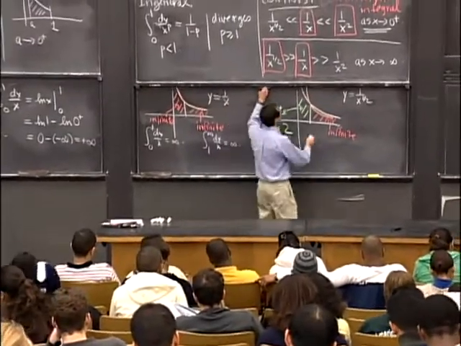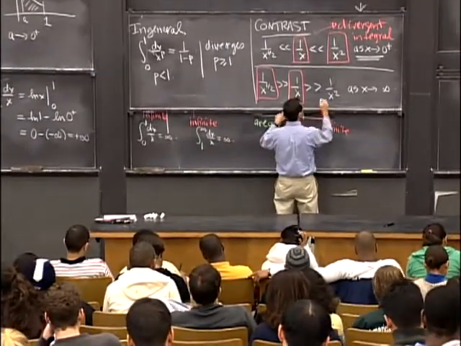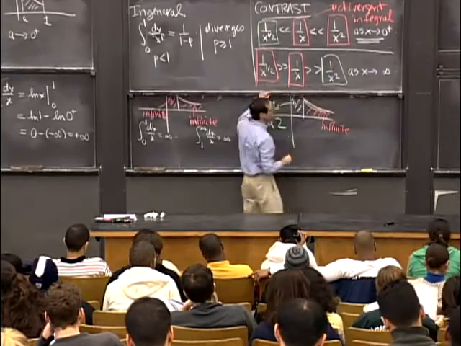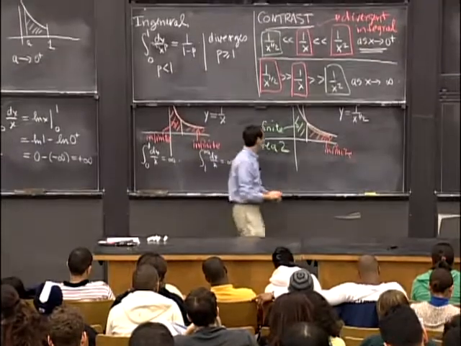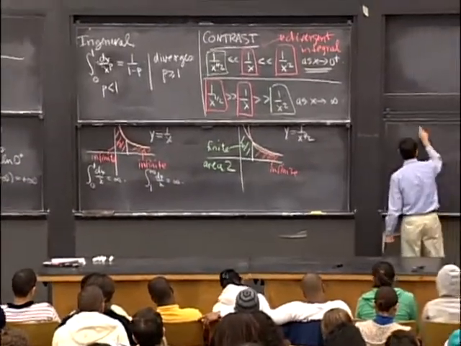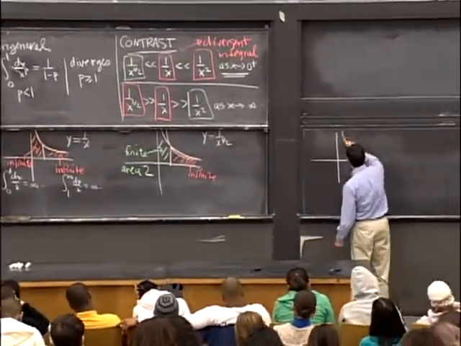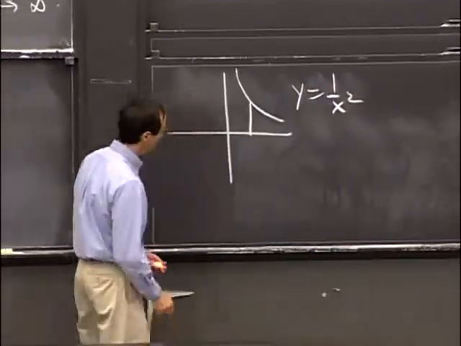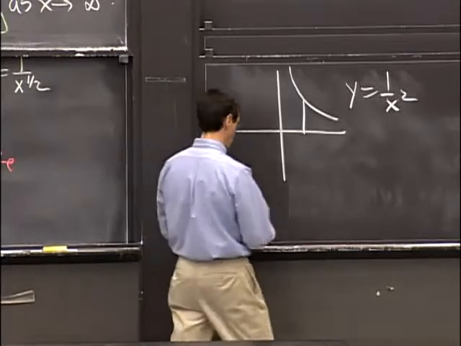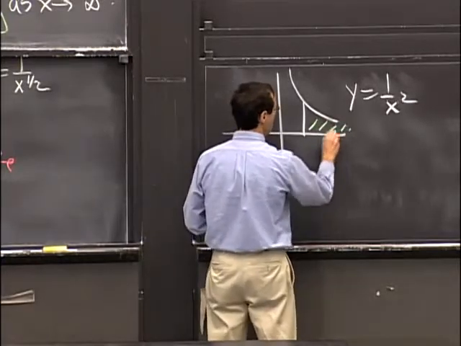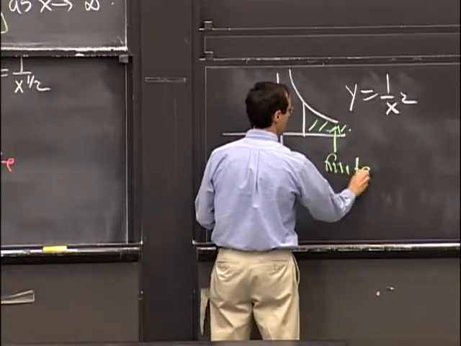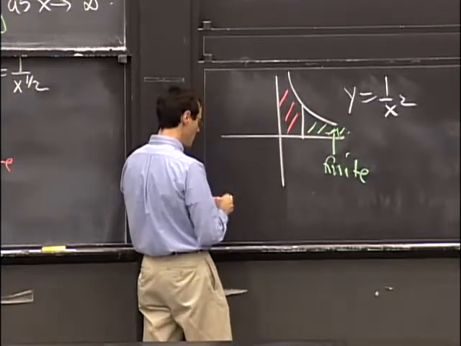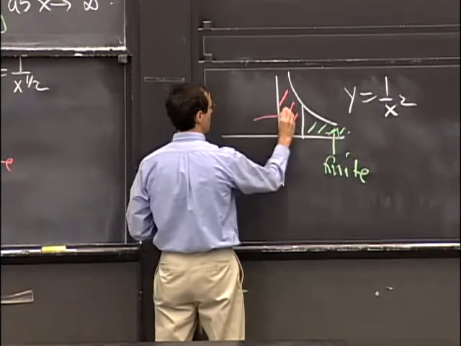So if you like, if I want to do these in green, this guy is good, and this guy is good. Well, let me just repeat that idea over here in this sort of reverse picture with y equals 1 over x squared. If I chop that in half, then the good part is this end here. This is finite. And the bad part is this part of here, which is way more singular and is infinite.